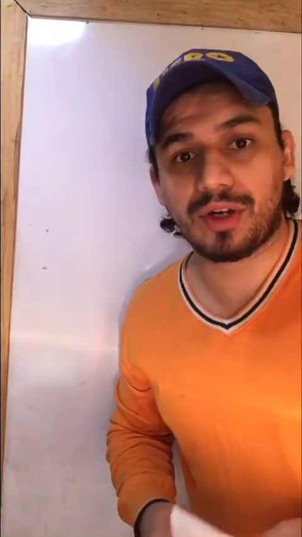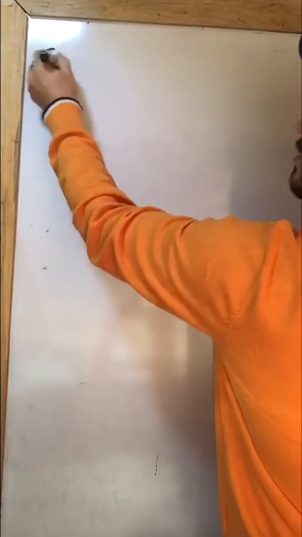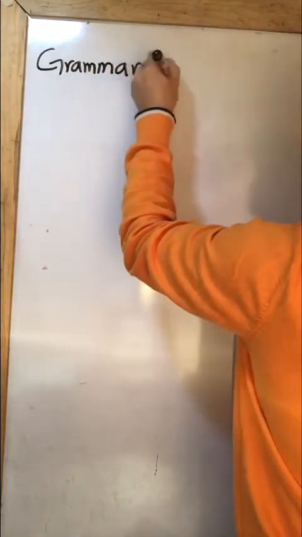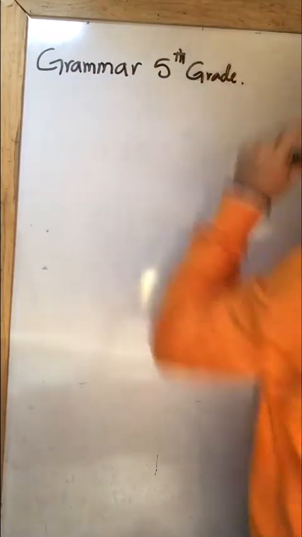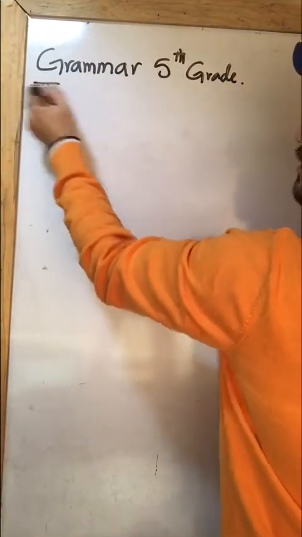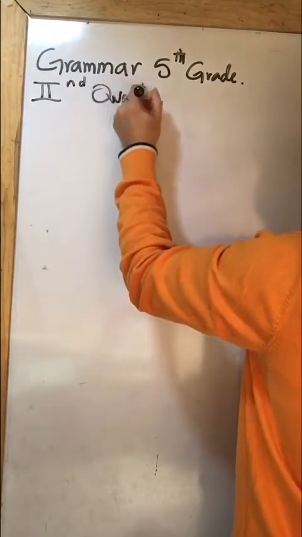Today we are going to start with the first topic of the quarter. We are going to start with page 16, so let's start. Okay, so we are going to start with the title, and obviously because this is the first page of the quarter, we are going to write in there quarter.